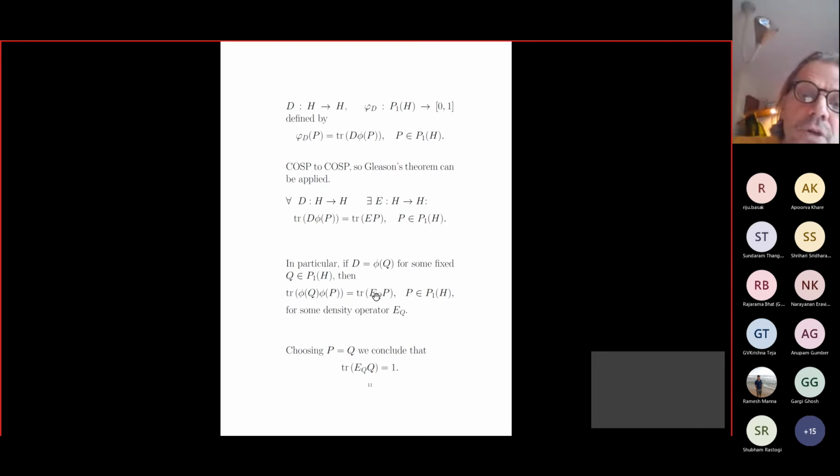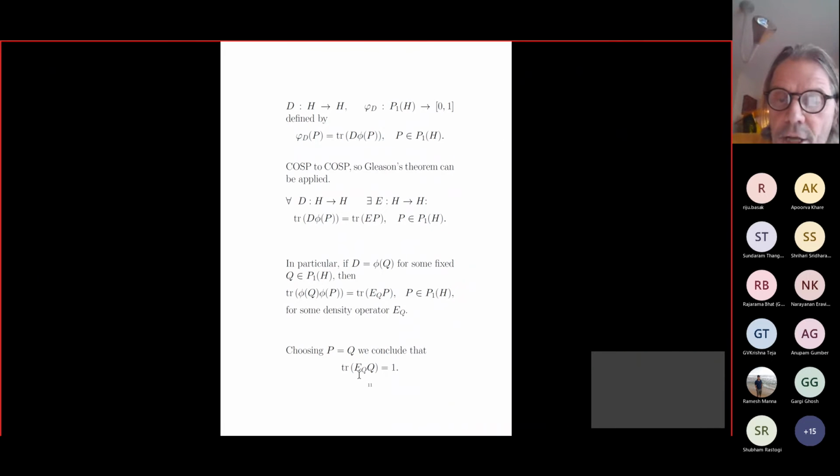Now, I do not know at the moment what this density operator is. I just know that this equation is satisfied for all projections of rank 1. But now I plug in Q. For P, I choose Q. What do I get? I get here trace phi Q phi Q, because this is a projection of rank 1, this has to be 1. So trace E sub Q times Q has to be 1.